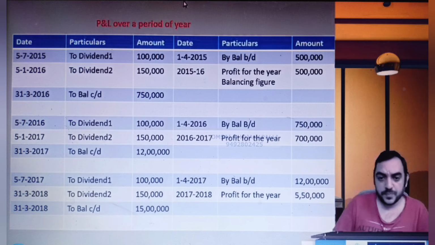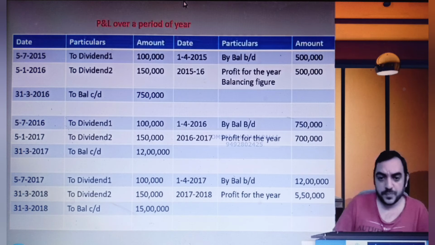Similarly, next year, on 1st of April, beginning of the year, by balance brought down. Maybe even for this, you can make it 1st of April 2015 so it looks neat. So by balance brought down, opening balance 7,50,000.